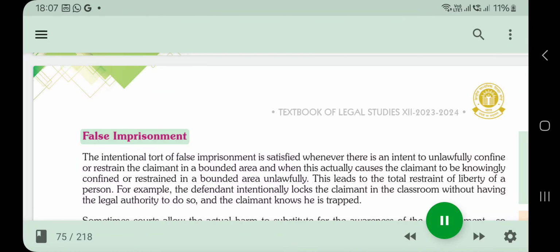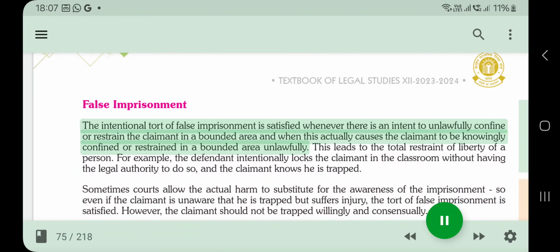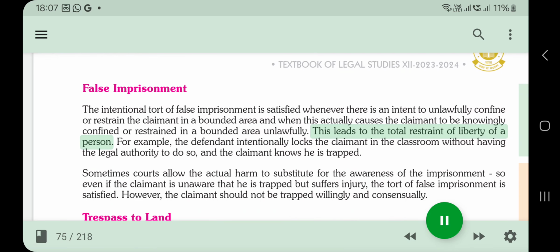False imprisonment. The intentional tort of false imprisonment is satisfied whenever there is an intent to unlawfully confine or restrain the claimant in a bounded area and when this actually causes the claimant to be knowingly confined or restrained in a bounded area unlawfully. This leads to the total restraint of liberty of a person.